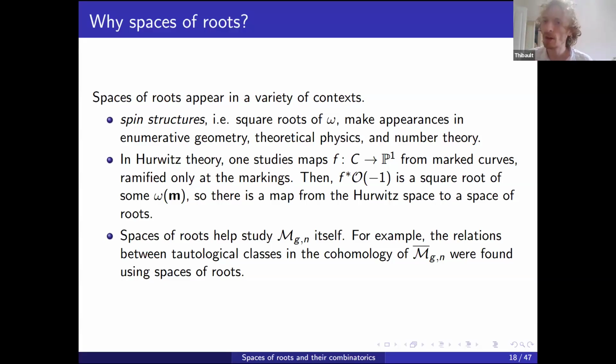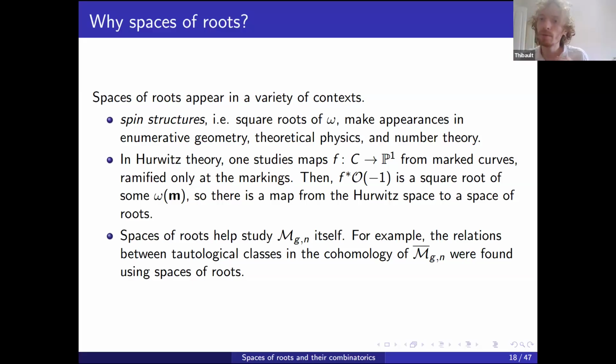What that means is on M̄_{g,n}, you have a bunch of natural cohomology classes. You have some coming from the boundary strata. You have some coming from the markings themselves, which are divisors on the universal curve. So there's a bunch of classes you can name because of the modular interpretation.